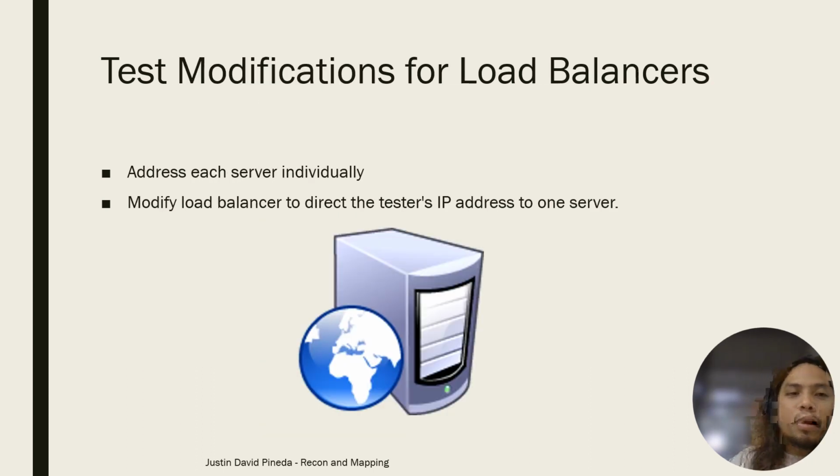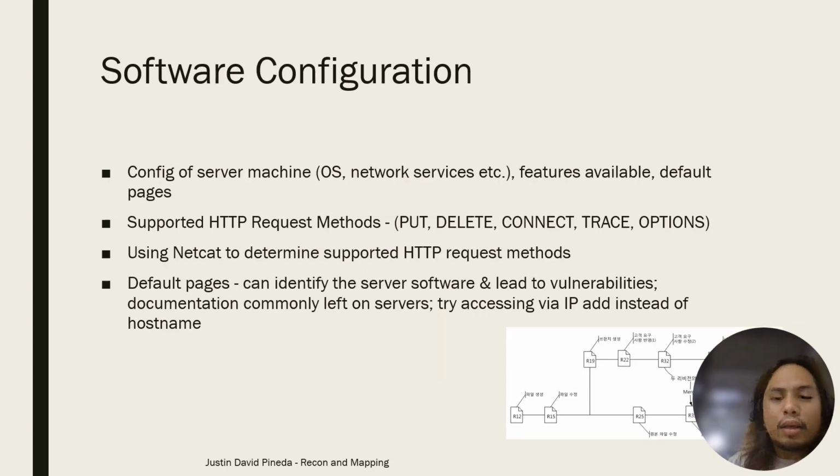So for test modifications, you need to address each server individually, or modify the load balancer to direct the tester's IP address to one server. That's another strategy. Now, another thing that you need to do in your mapping would be to check the software configuration.